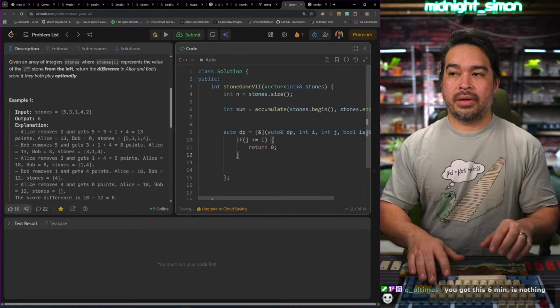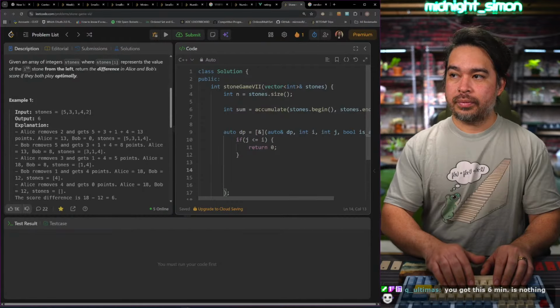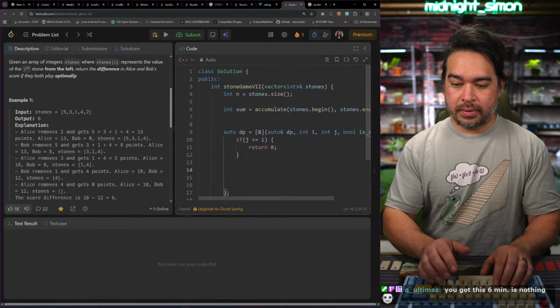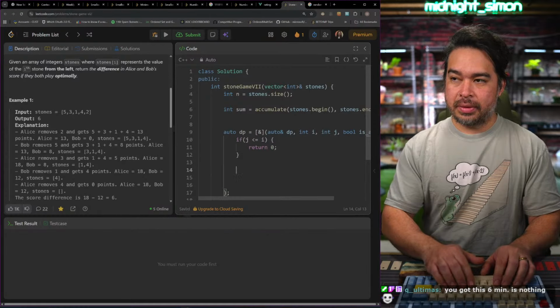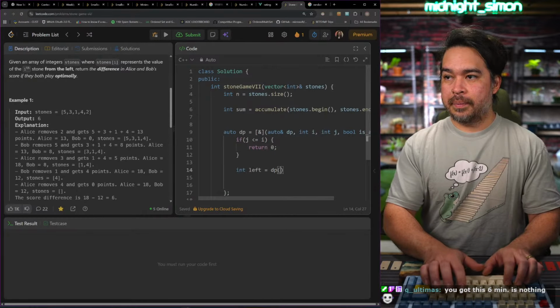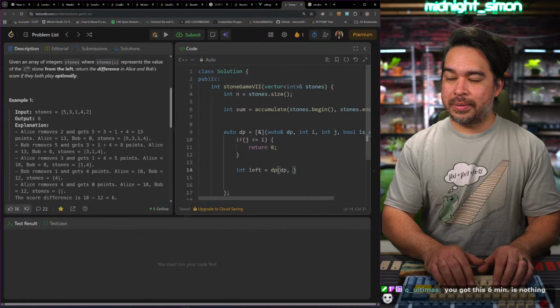And then, so either the left stone. So if you take the left stone, what does that mean?